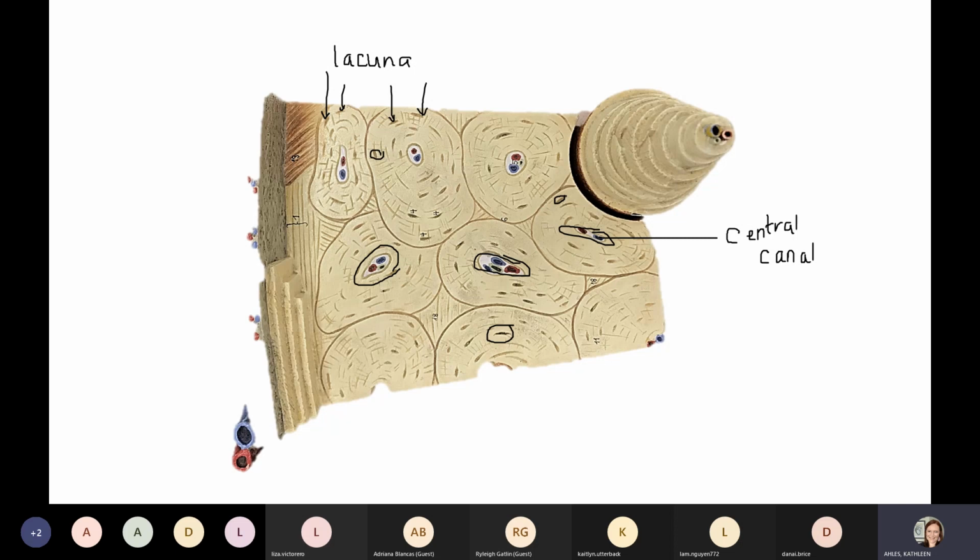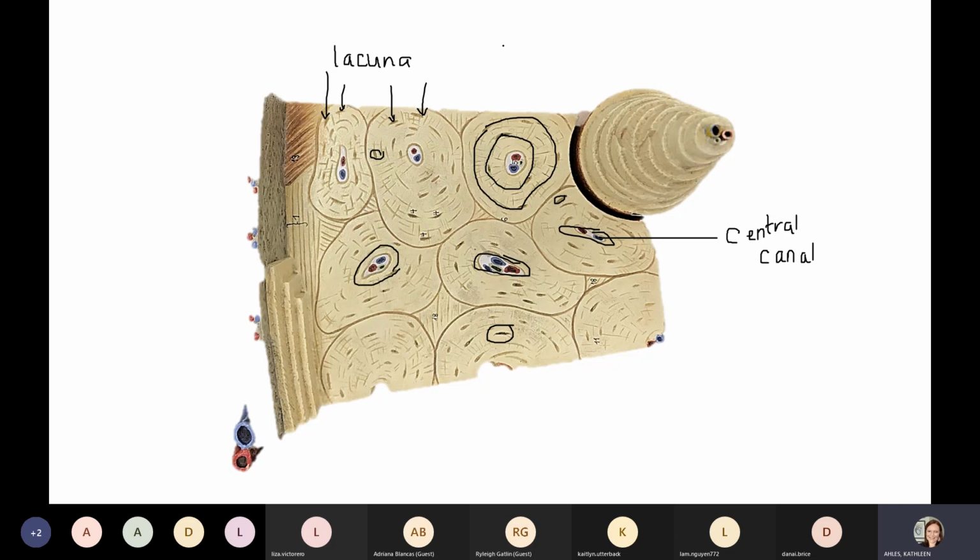Just like we arrange our houses along streets, that's the way that the bone cells go as well. So when I'm looking at my model here, see how there's kind of a little circle of cells right here. And then we've got a circle of cells right here. These circles of cells that we see are what we call concentric lamellae. I'm going to put it in the chat for us here.